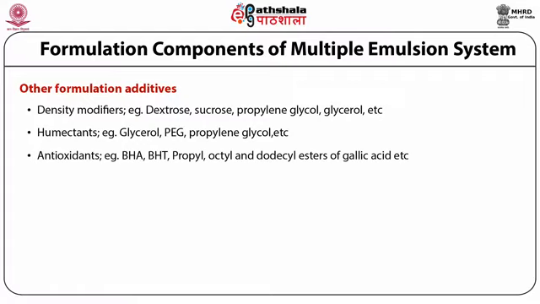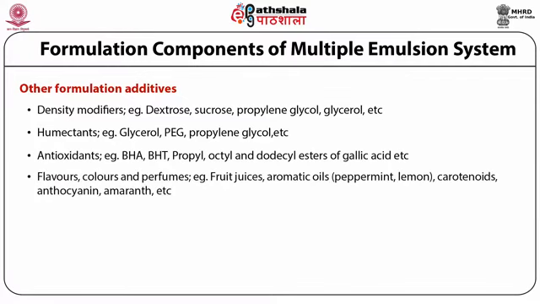Commonly used antioxidants in pharmacy include butylated hydroxyanisole, that is BHA, and butylated hydroxytoluene, BHT, at a concentration up to 0.2%. Other antioxidants are alkyl gallates, propyl, octyl, and dodecyl esters of gallic acid.